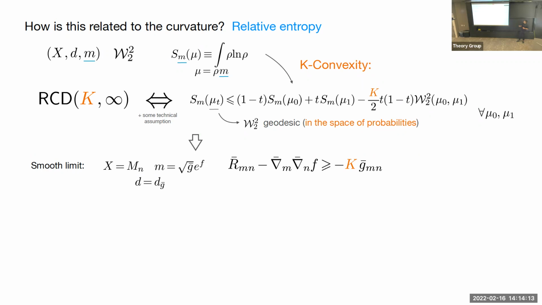How do you compute S? So S is defined like this. Given the analytic version, how would you compute S? It's some kind of integral of R? Well, S is the entropy of a given probability distribution. Is the fact that it is K convex related to this notion of curvature?